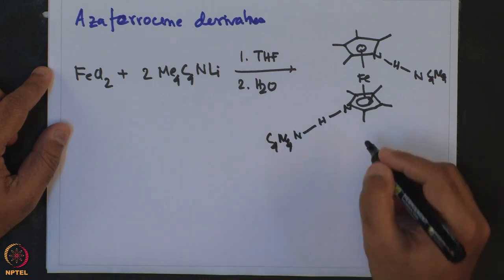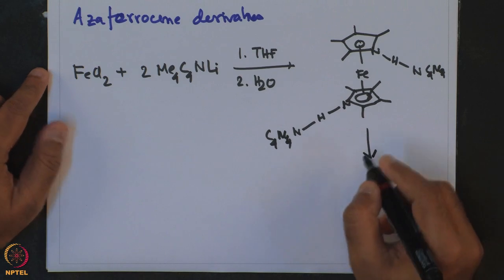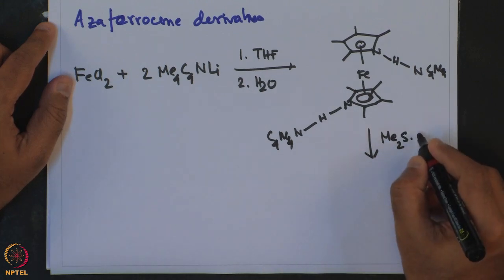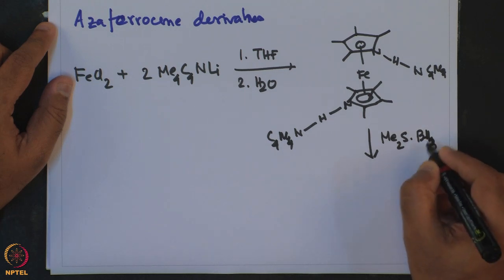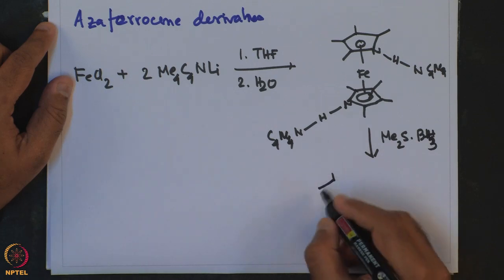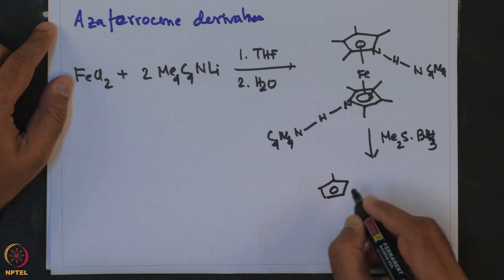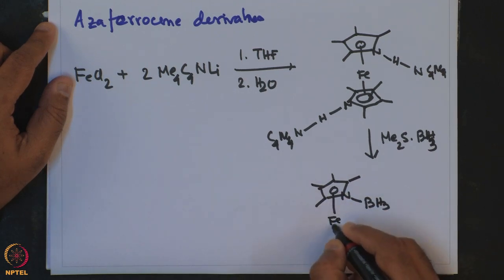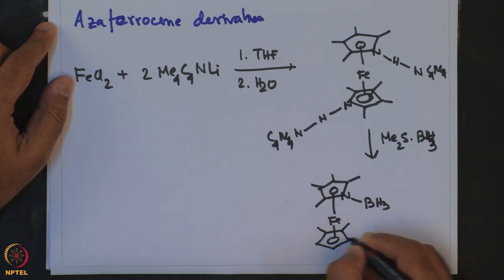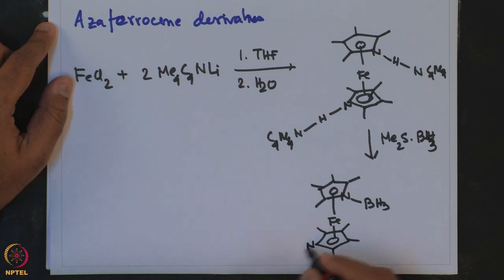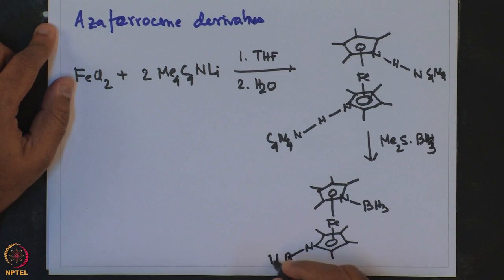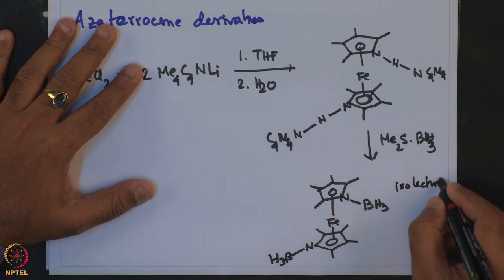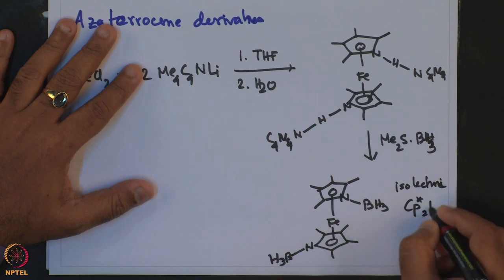And then this, when treated with Me2S BH3, gives this azaferrocene, and this one is isoelectronic with Cp star 2 Fe.